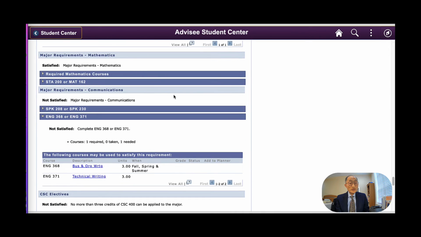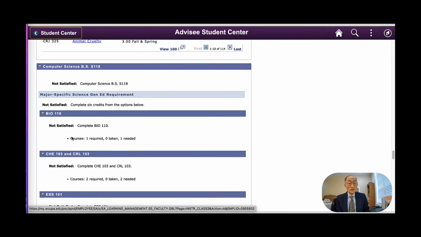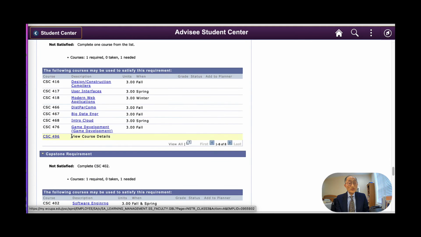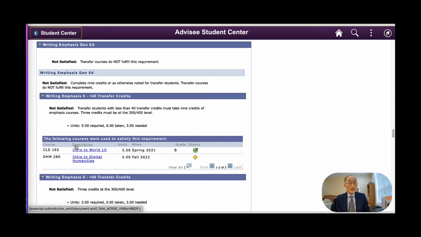It's actually listed below. When you scroll this, you will find English 368 or English 371. So you need one of these two courses, 0 taken, 1 needed. So this is not satisfied. Once you satisfy that, you satisfy the writing emphasis.